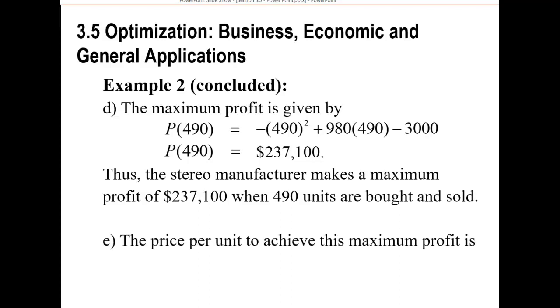Okay. The price per unit to achieve this maximum profit, take your price function, plug in the number of units, so 1,000 minus 490 would be $510 per unit. So if they can sell 490 at that price, they will maximize profit.